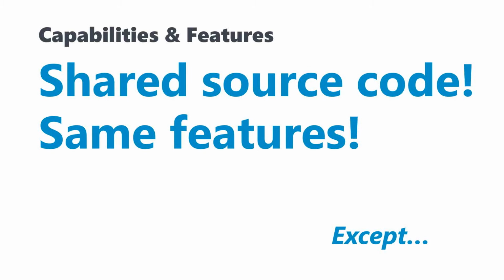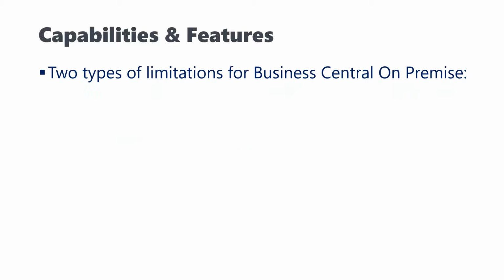Capabilities and features. In general, whether you're talking about Business Central Cloud or Business Central on-premise, it is a shared source code base. The same features and the same functionality are available in both solutions, except there are two types of limitations I'd like to talk about next.